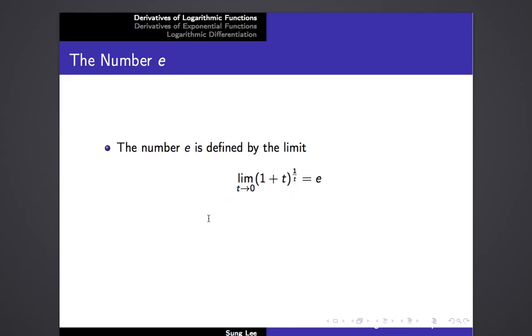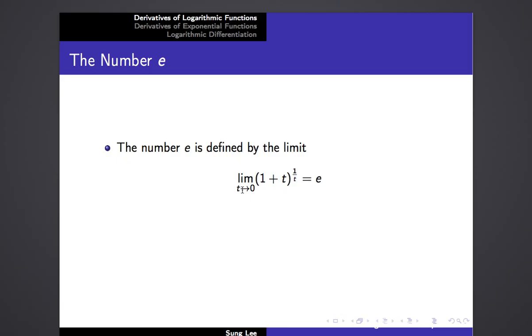Okay, first, I'd like to talk about the number e. The number e is a very famous number. It appears a lot in many natural phenomena. Mathematically, this number is defined by the limit.